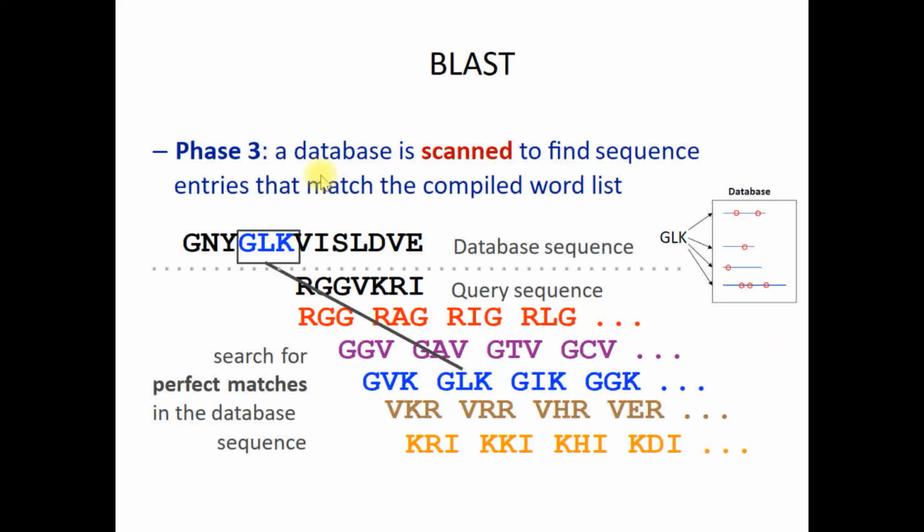In phase 3, the database is scanned to find the sequence entries that match the compiled word list. So for example, here the GLK in the database sequence perfectly matches the GLK in the query sequence. And how to scan the database is also very important.